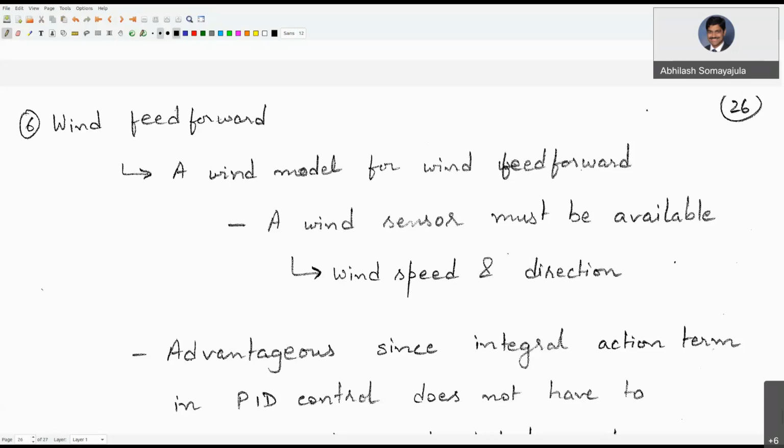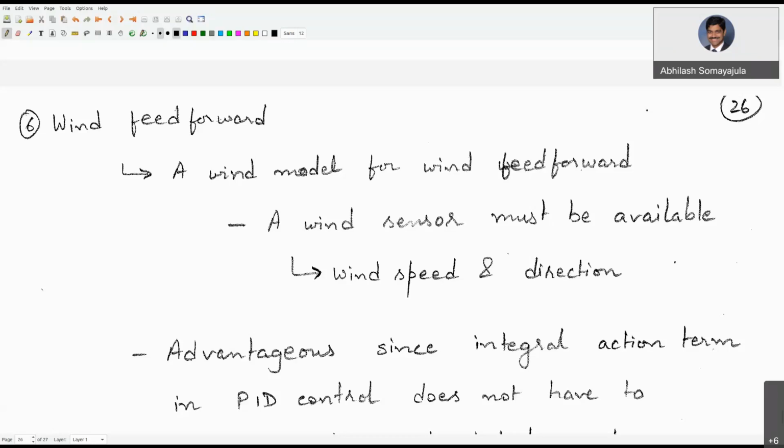So if you have a strong wind feed forward system in place, you can try to anticipate these loads which are coming onto your vessel and compensate for them. That is the main advantage. But then the challenge is you need a model for the wind. You need to precisely be able to compute, based on a wind speed and a direction, how much wind force am I going to experience. You have to have some estimate of that.